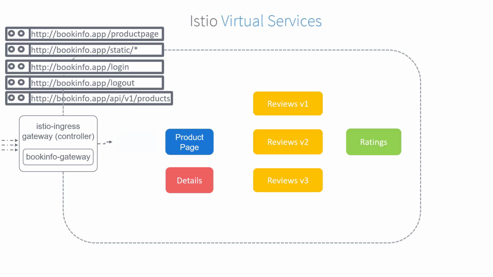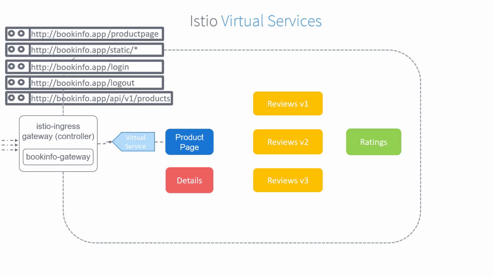All routing rules are configured through virtual services. Virtual services define a set of routing rules for traffic coming from the ingress gateway into the service mesh. Virtual services are flexible and powerful, with rich traffic routing options.